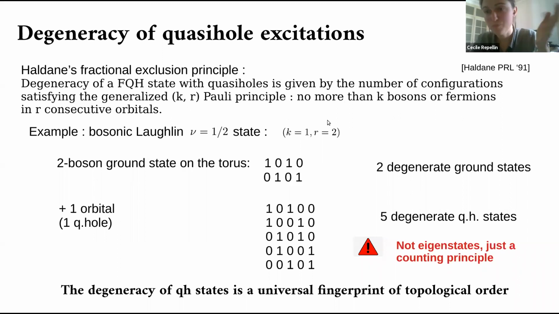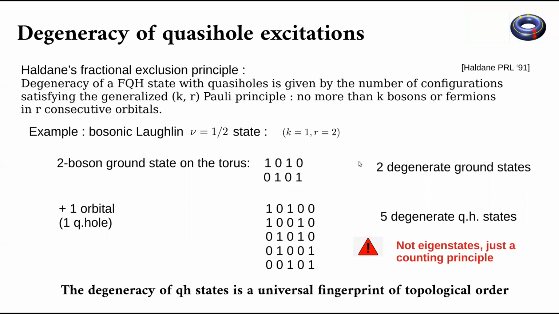But for the purposes of numerics and of having a counting principle, you can just use it as a counting principle. I see. So this should be opposed to the counting principle for true fermions, where eventually we get a proper basis for the single particle eigenstates as well, not just for the purpose of counting. I see. Okay. Right. Thanks.